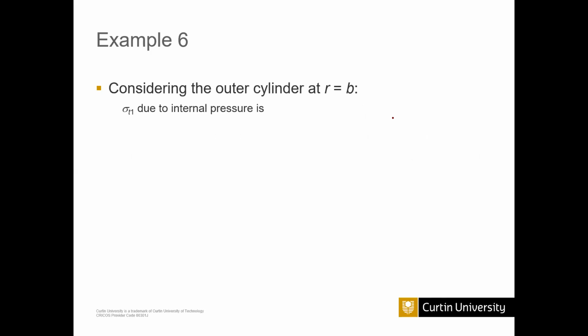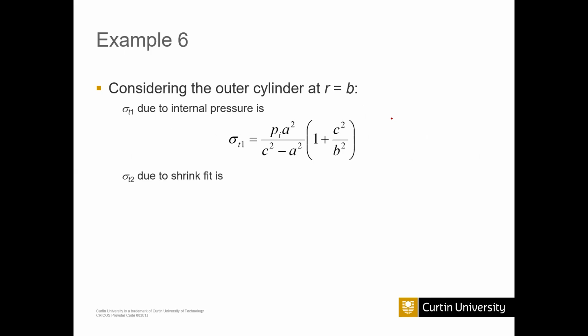Yes, right. And consider the outer cylinder at r equals b, the tangential stress due to internal pressure is this one. Okay, so now we are not going to calculate separately. So consider the whole section together.